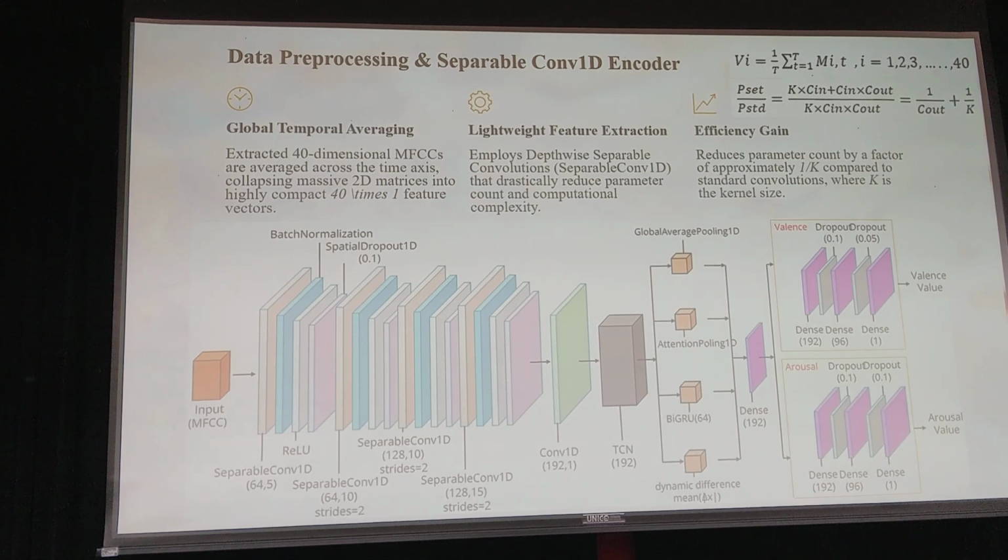For feature extraction, we replace standard convolution with depthwise separable 1D convolutions. As demonstrated by the parameter comparison ratio equation, using a large kernel size k reduces the computational complexity by a factor of approximately 1 over k.